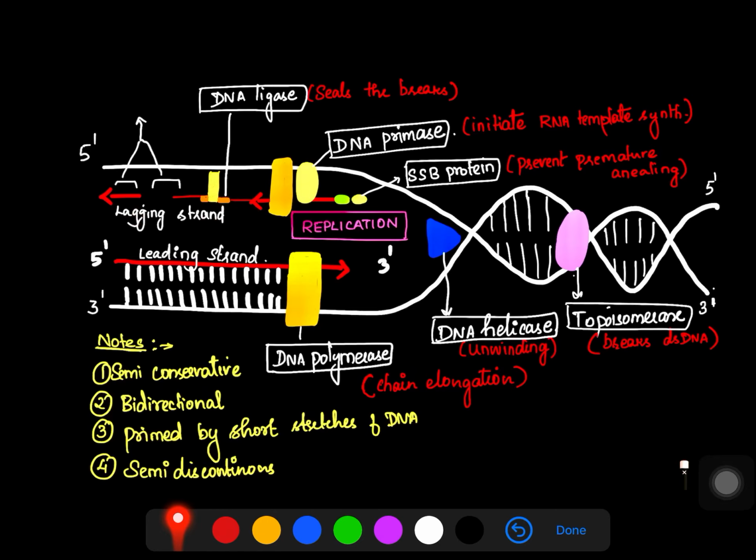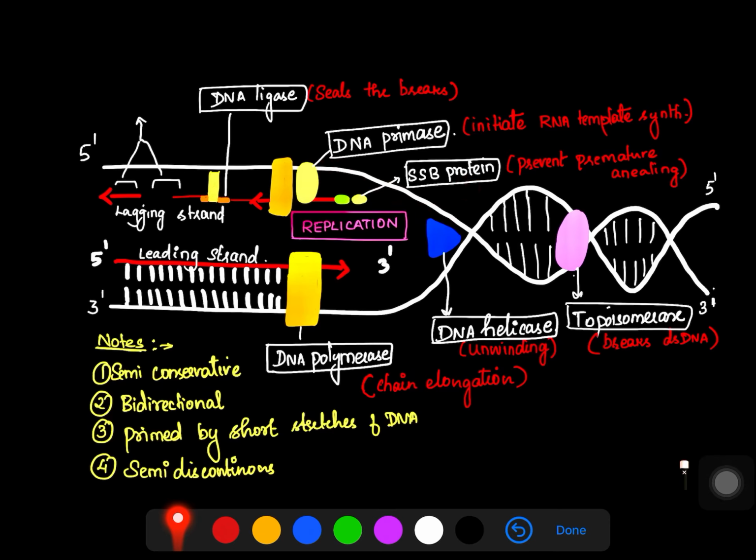The next enzyme is single stranded binding protein. What is its function in replication? It prevents premature annealing of the newly synthesized strand with the parent strand. Before the full strand synthesis is complete, it should not anneal with the parent strand.